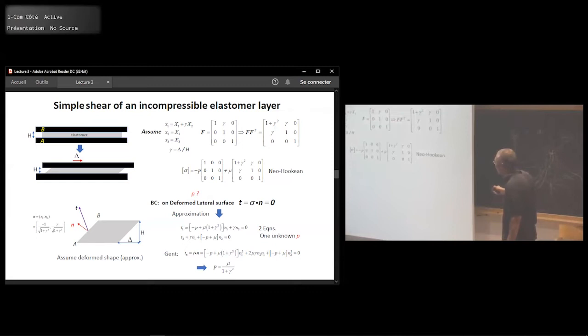So if you calculate this tensor, F F transpose, this is what is called the left Cauchy-Green tensor, because I'm going to use the true stress, okay? So now you have 1 plus gamma squared when you do this calculation. You have lambda gamma. Now, in small deformation, you throw this term away, right? Okay? And you're happy, okay? But you can imagine if this deformation is large, if gamma is large, this term actually is very important.